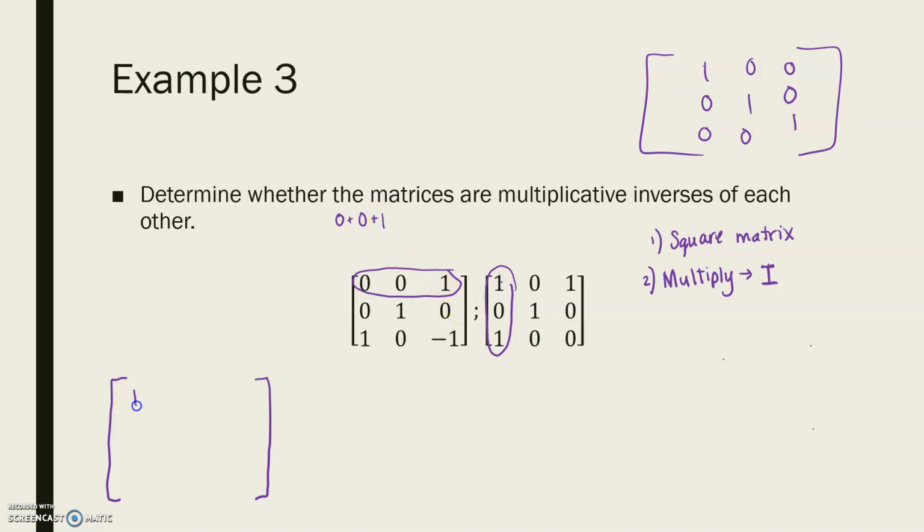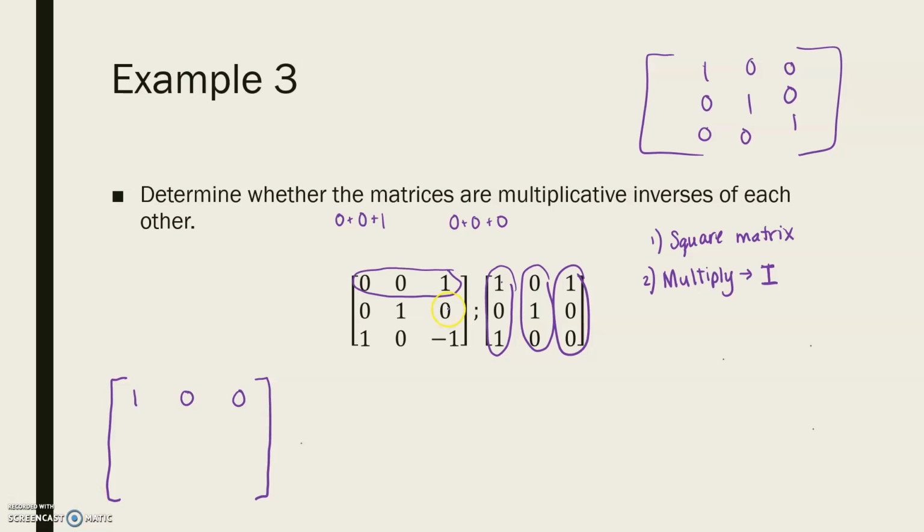So that just gives me 1. So far, so good. Then I'm going to look at the first row, second column. And I get 0, because 0 times 0 is 0. 0 times 1 is 0. 1 times 0 is 0. So I get another 0. And then finally, when I multiply these together, I'm just going to get 0.